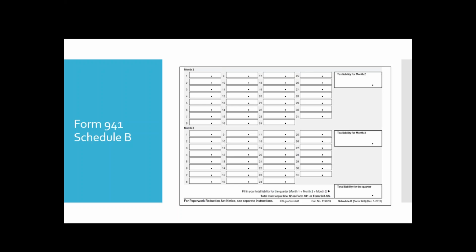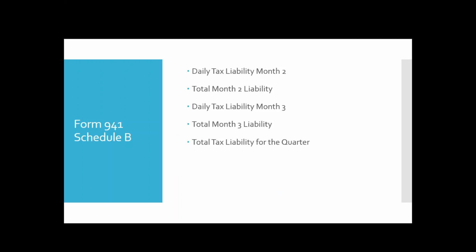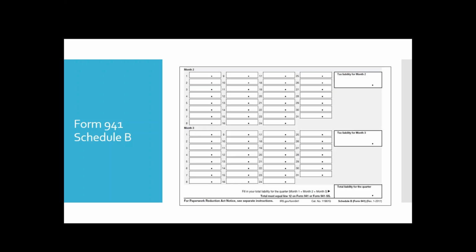And then, of course, down here at the bottom of month 3, we see the perfect number, the total tax liability for the quarter, which should match line 12 from Part 1, total taxes after adjustments and credits. So page back up so you can see this is where your perfect number comes in.